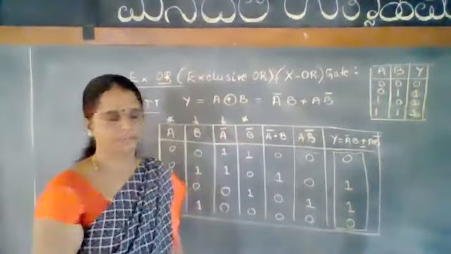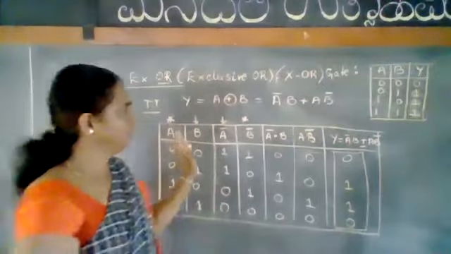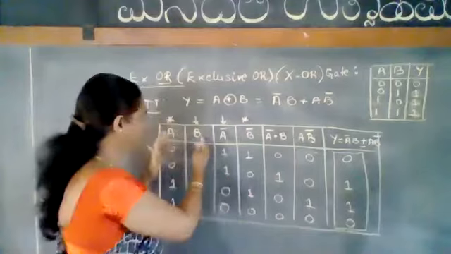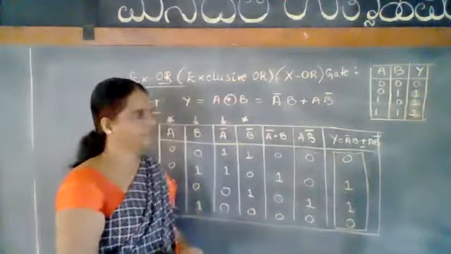So finally, we got the output values for the exclusive OR gate. Therefore, we can write only the input columns as well as the output column as the truth table for the exclusive OR gate.